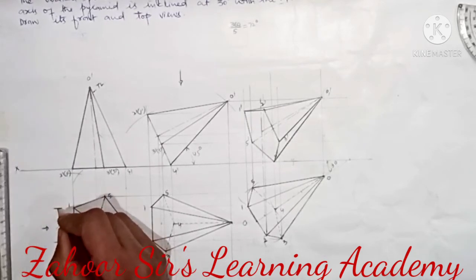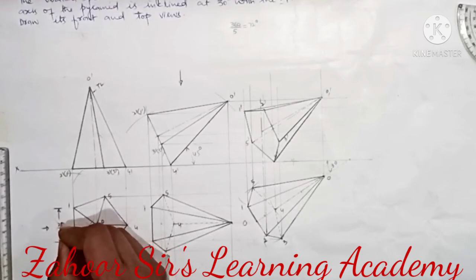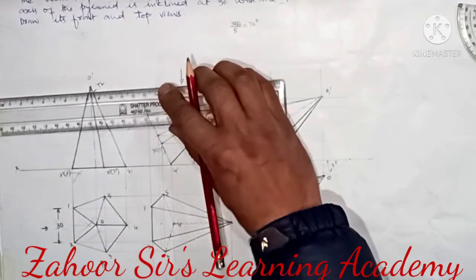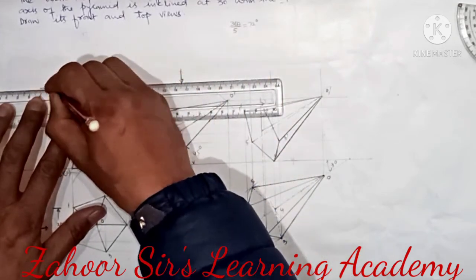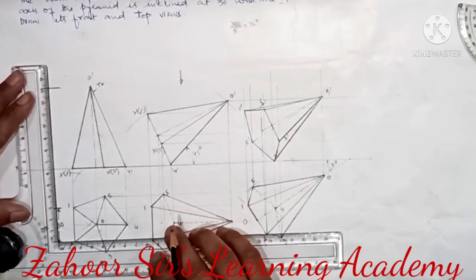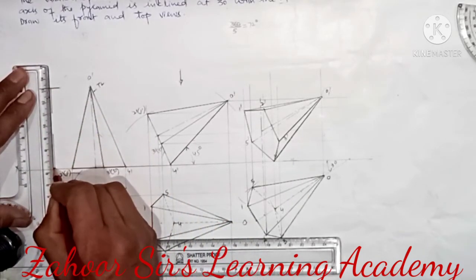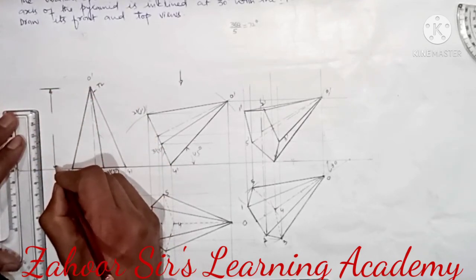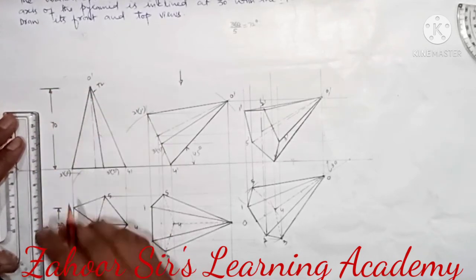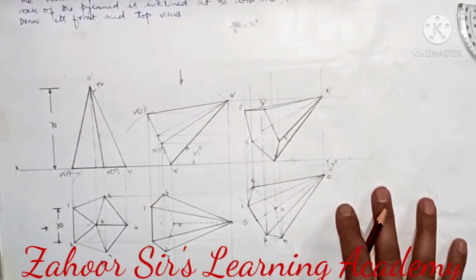So giving the arrow here, it was 30 mm, so we'll write 30, and the distance from this point to this point, that is the axis, the length of the axis, which is 70 mm. Okay, this is the complete diagram of the question.